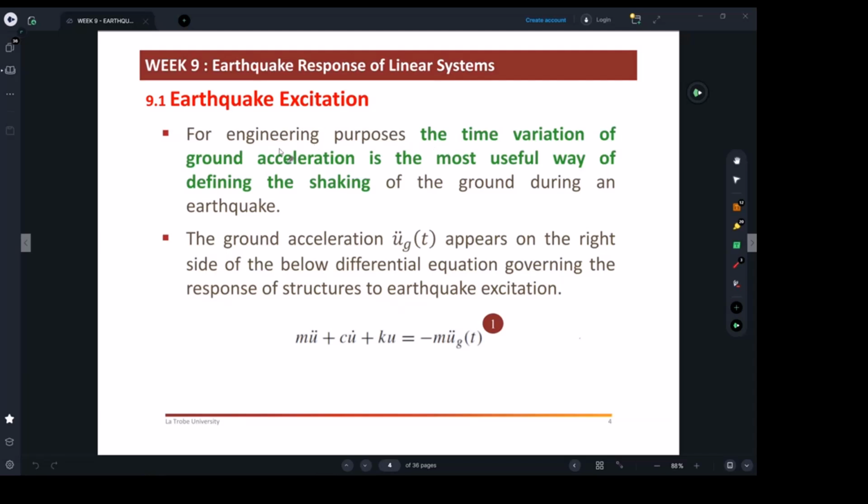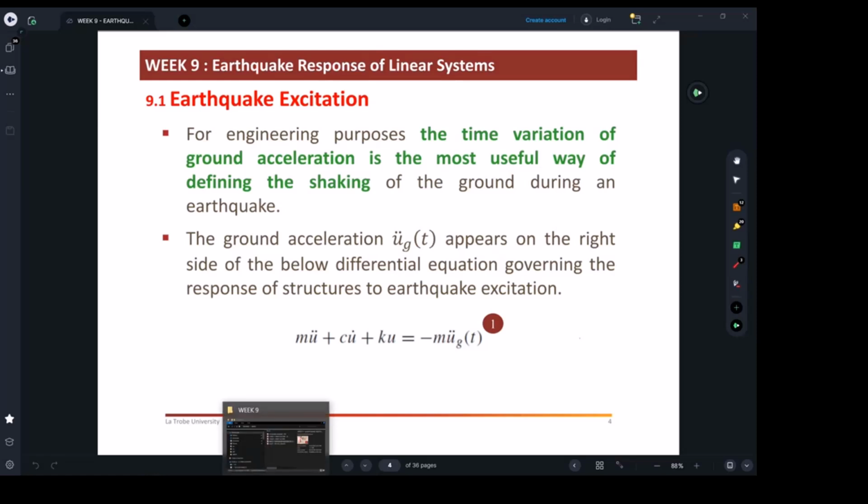So looking at this, last week we started applying the numerical analysis for one ground excitation. And what you did so far, you have only considered one time period.